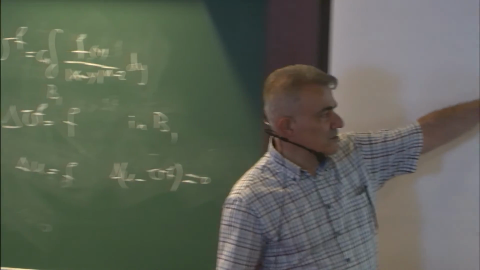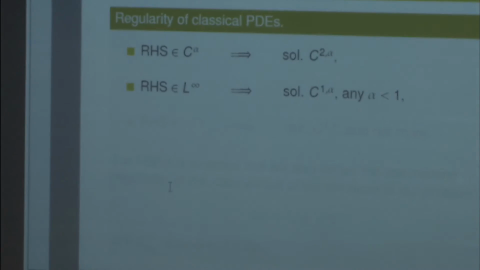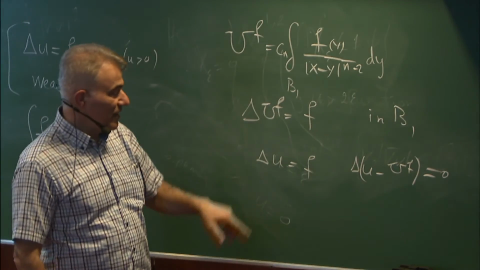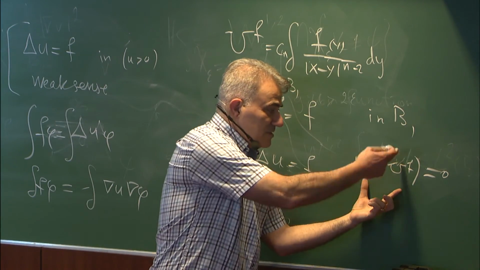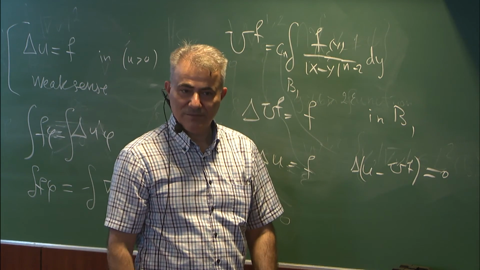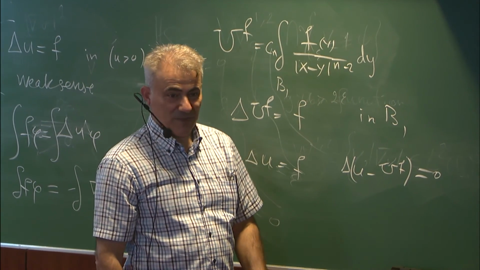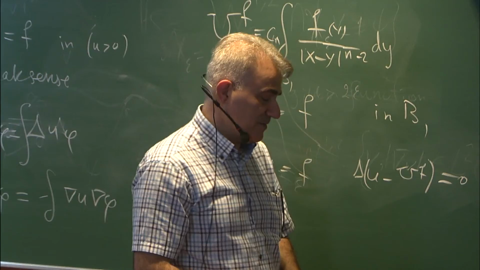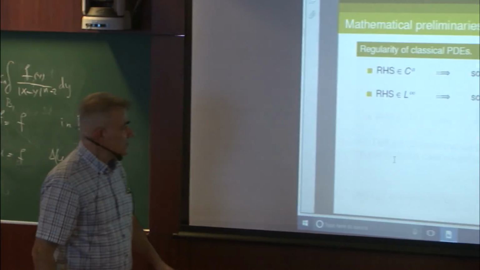We're talking about the right-hand side being L infinity. So this is analytic, it's C2. This guy is C1 alpha, so it pushes u to be C1 alpha as well. It cannot be worse. But it's going to be C1 alpha.